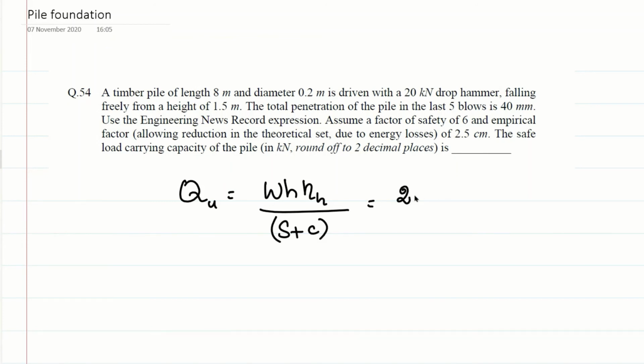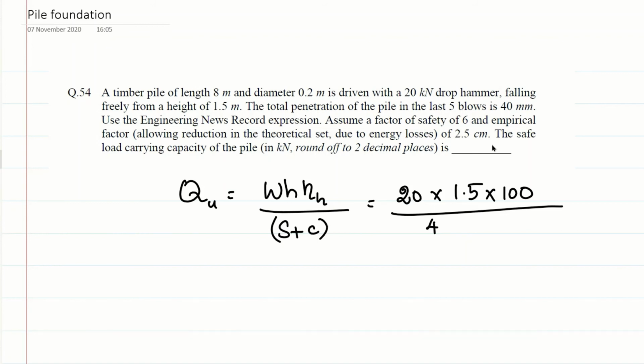So 20 into your height of fall is 1.5. Let me substitute everything in terms of centimeter, so that will be easy. Into 100, divided by 40 mm, so take it as 4 centimeter.